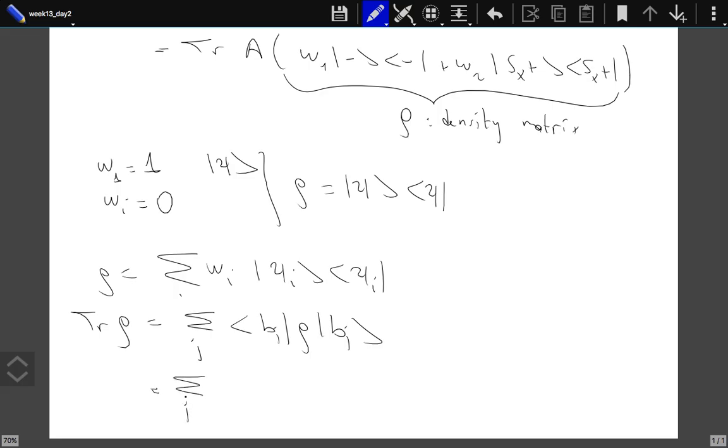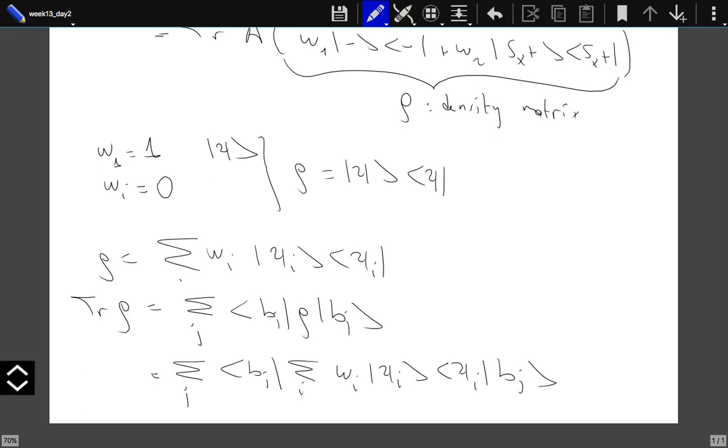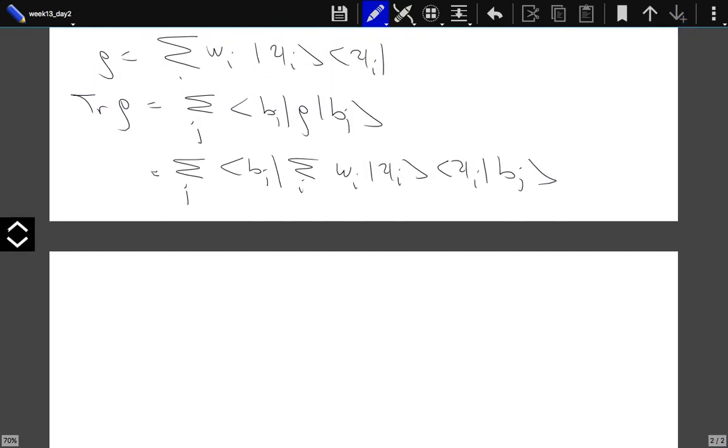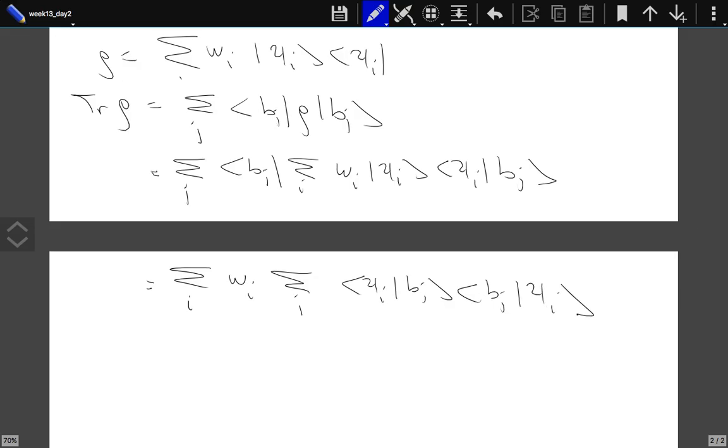This will be equal to sum over j of bj rho bj, which is sum over j, sum over I, omega I, psi I, bj, bj, psi I. But you see, this sum over j is just the identity operator.